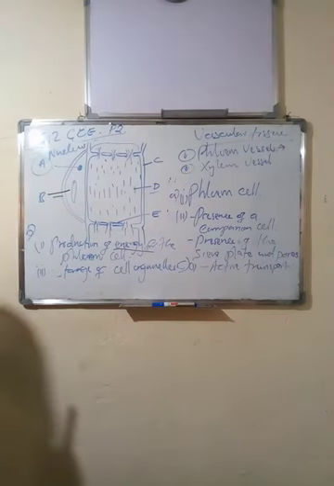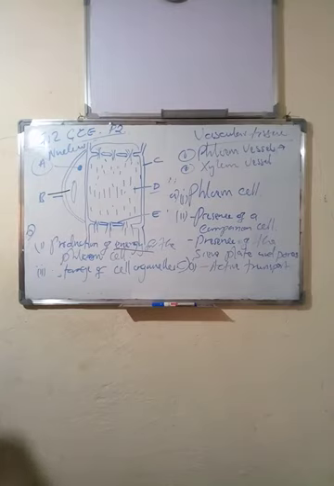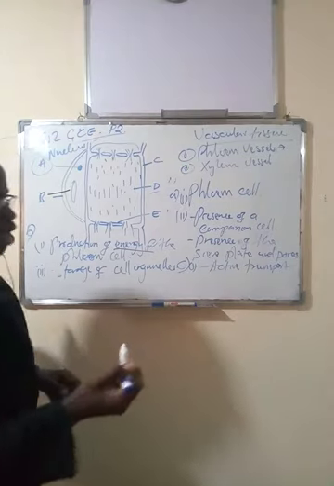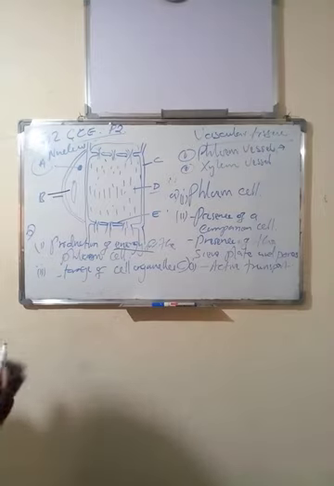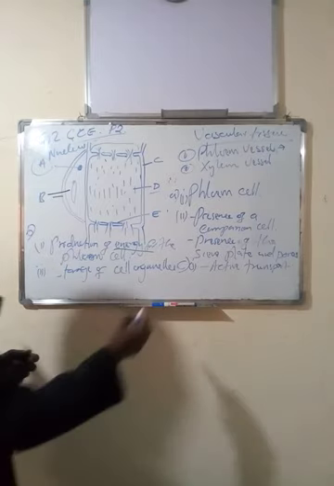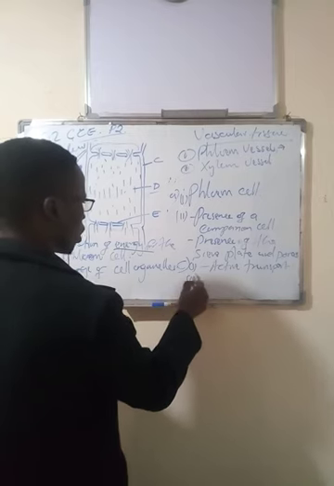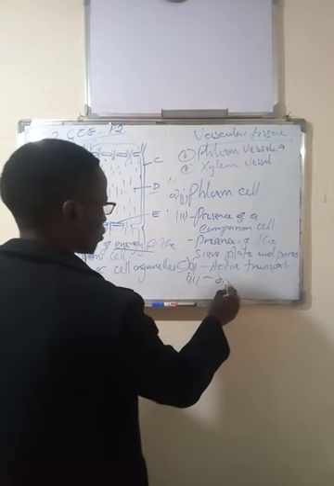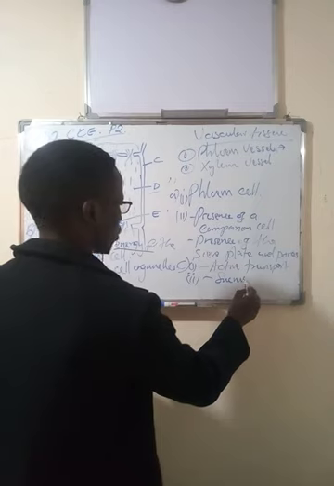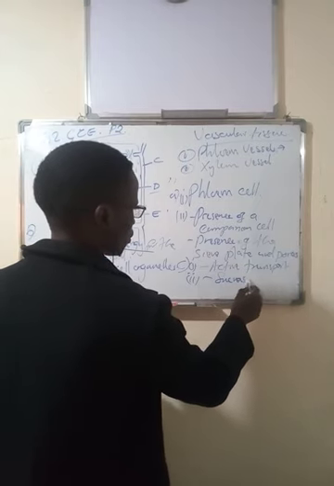Then part 2 says suggest two substances transported by the specialized cell. So what are those substances? Remember, we're talking about basically food substances, isn't it? We can talk about sucrose.